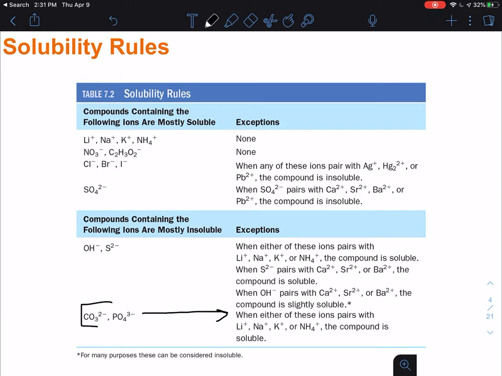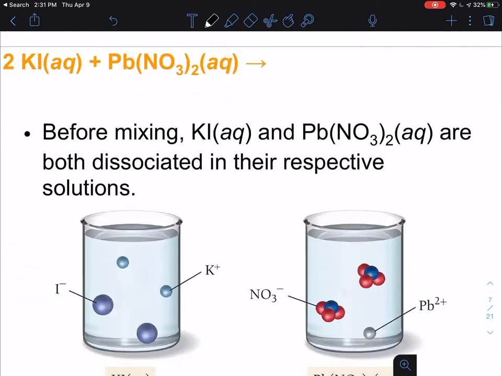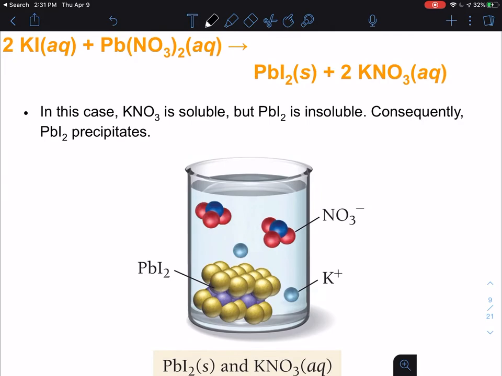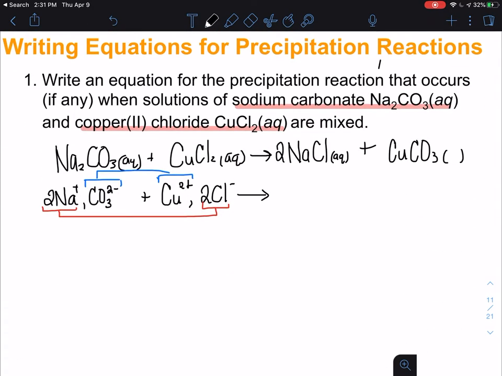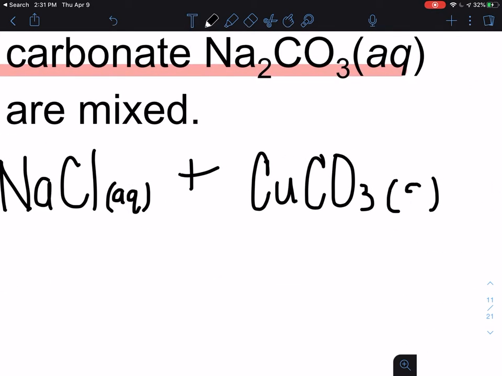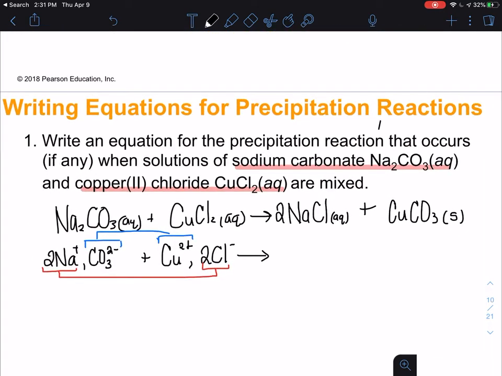So it looks like it is insoluble, so I'm going to go back down and write an S for solid. All right? So this is a precipitation reaction, and it's a precipitation reaction because it makes this copper carbonate. When we mix two aqueous solutions, we end up getting out copper carbonate as a solid.